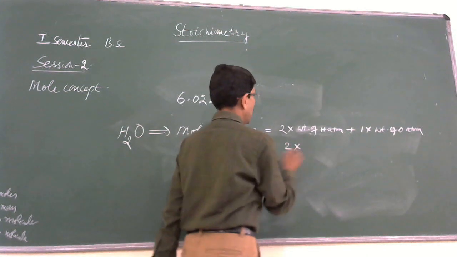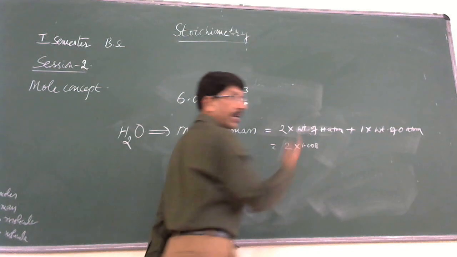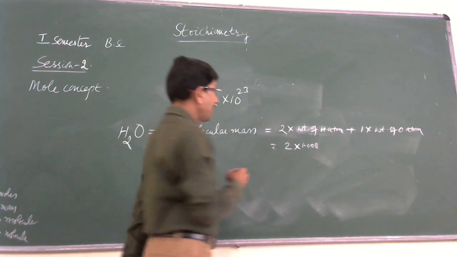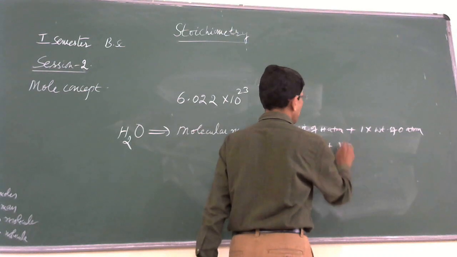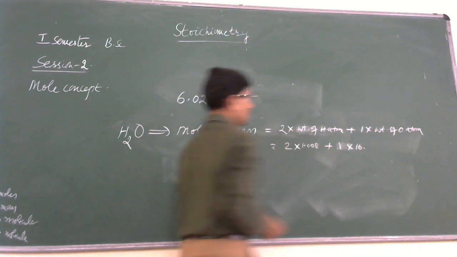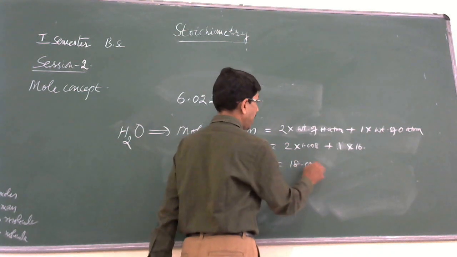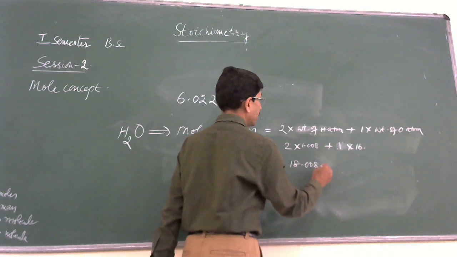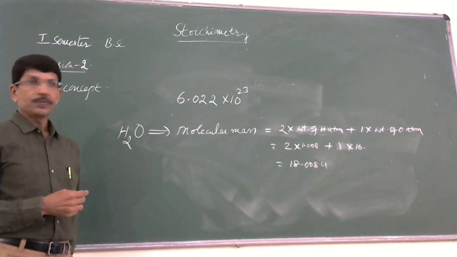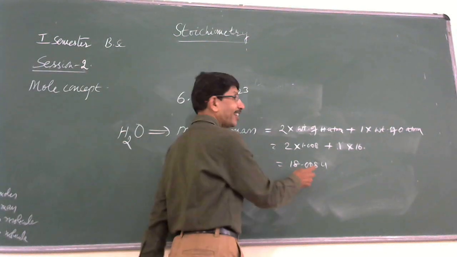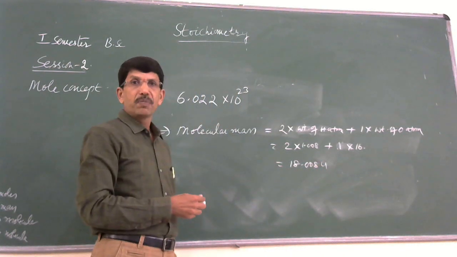So atomic mass of hydrogen is 1.008 unified mass, so 2 into 1.008 plus 1 into 16, the atomic mass of oxygen. So this is around 18.016 U. This is the molecular mass. This is not in grams or milligrams, it is in terms of unified mass.